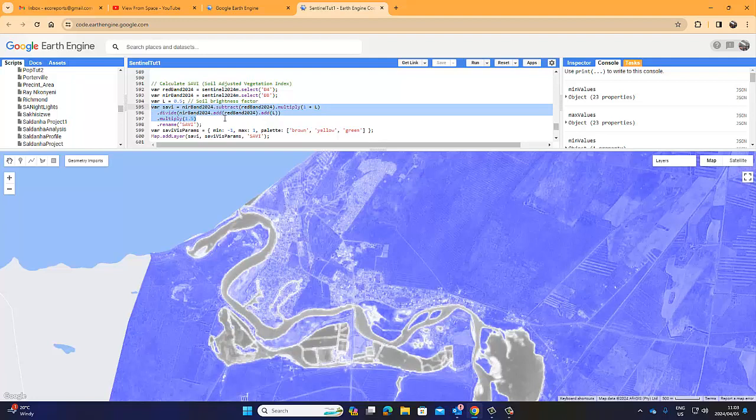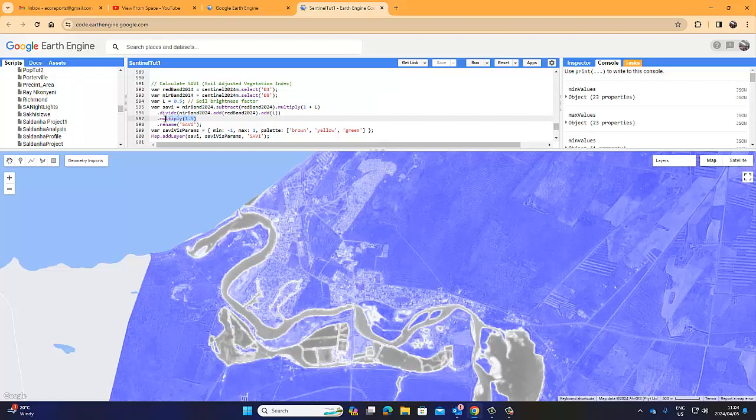So this is a much more sophisticated equation than just the normalized difference equation. It brings in this L, which is this 0.5 factor, and then it adds this 1 and so forth.